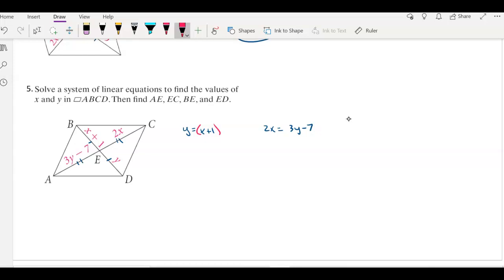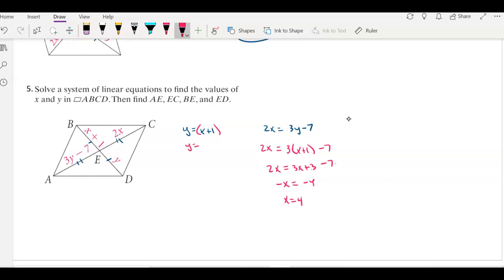Everywhere I see a y over here, I'm going to replace it with x plus 1. So 2x equals 3 times x plus 1 minus 7. So 2x equals 3x plus 3 minus 7. When I subtract 3x, I get negative x equals 3 minus 7 is negative 4. So x is equal to positive 4.